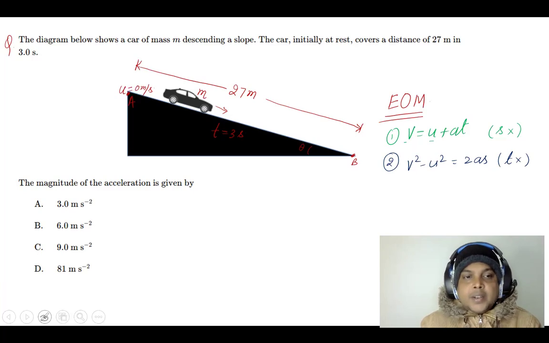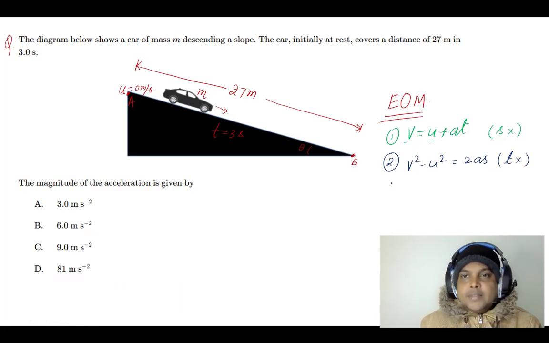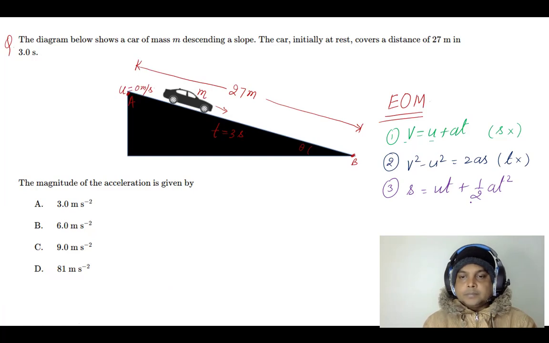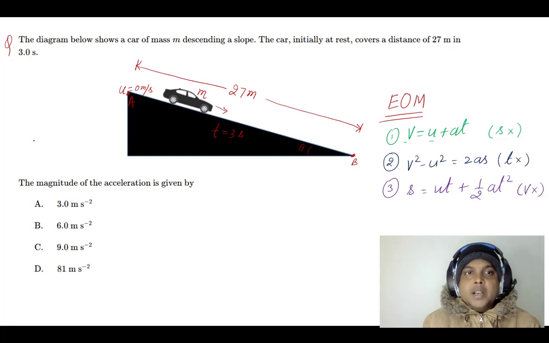And the third equation, last but not least. We have others also, but here we'll go with the third equation, s = ut + ½at². In this equation, there is no final velocity, as you can see. So we decide which formula to choose and where to apply it. Now we go with the question.